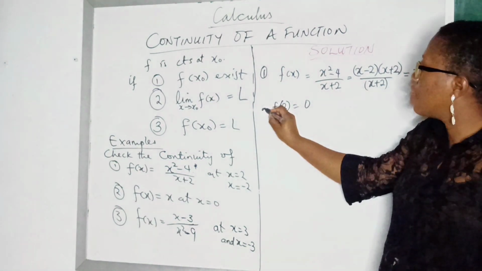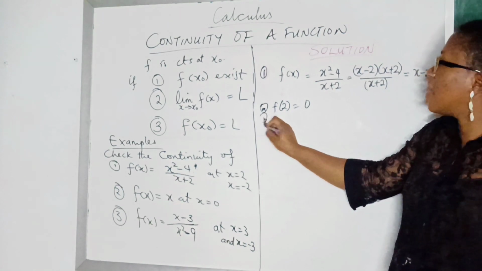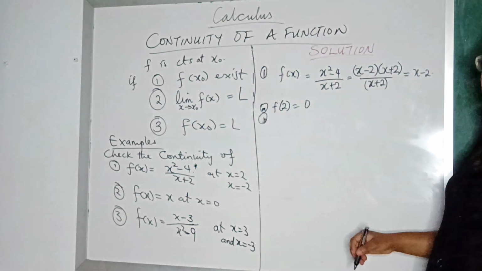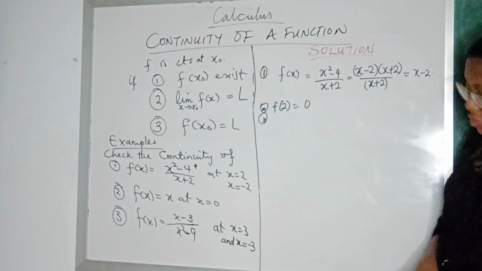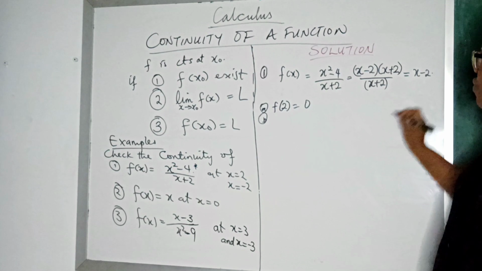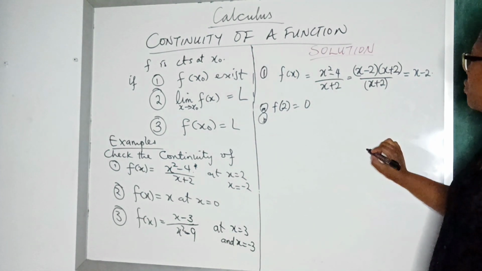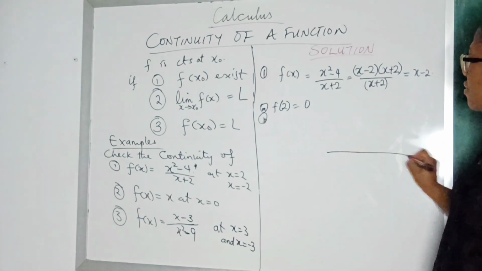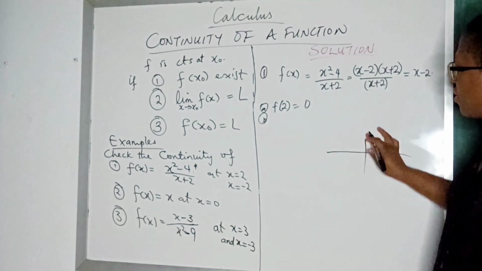That's the first one. Then the second one, we want to check the limit as x goes to x naught of f of x. This is the new function we have. As we approach 2 from the left hand side, see 2 on the number line.